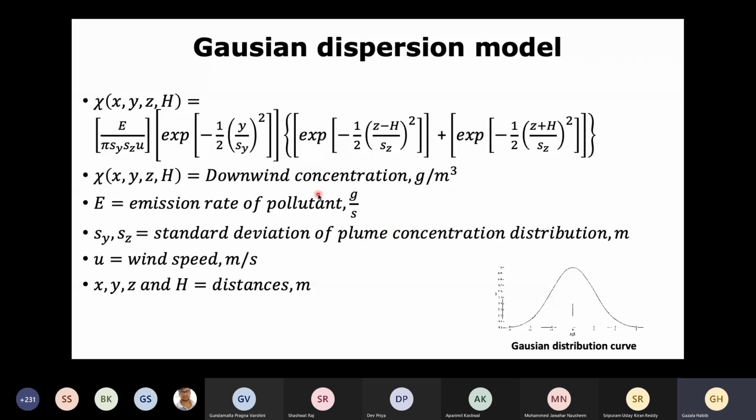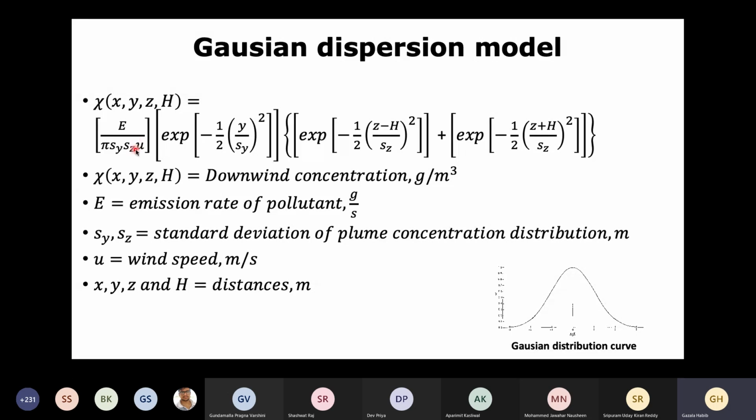So this is the equation where the concentration is given by E, the emission rate. Sy and Sz can also be said as sigma y and sigma z, which are the standard deviation coefficients in the y and z directions regarding the Gaussian or normal distribution.